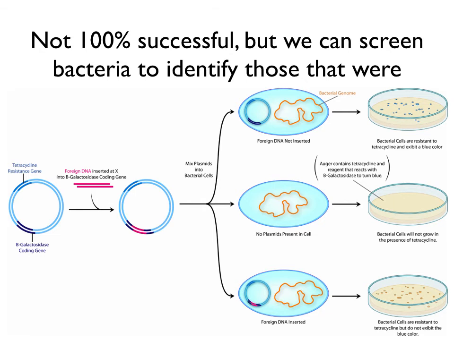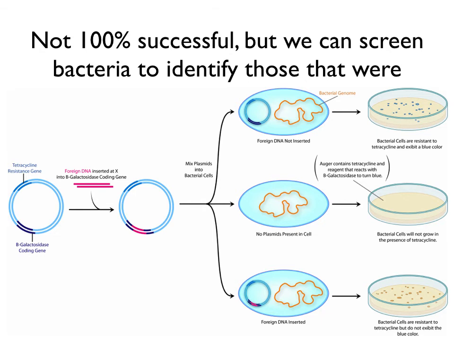And if it didn't, then it has an intact beta-galactosidase gene. And what this does is it makes the bacteria appear blue. So any of those bacteria that grow on our plate and have a blue color, we know that they have the plasmid, okay? But we also know that they did not take up the insulin gene that we tried to put in there.